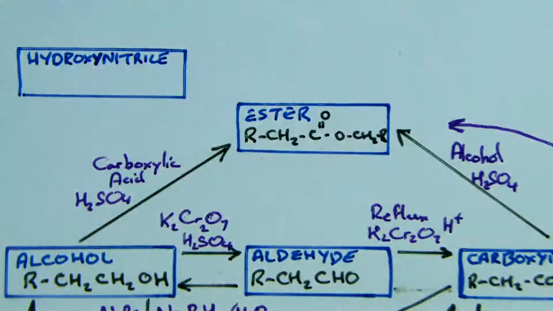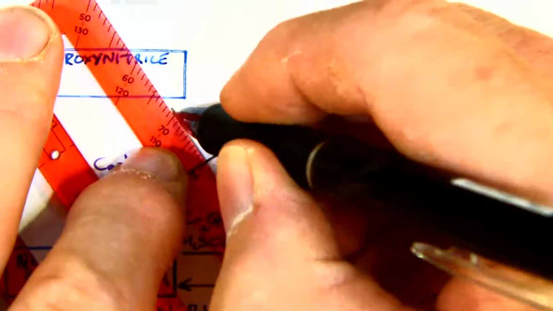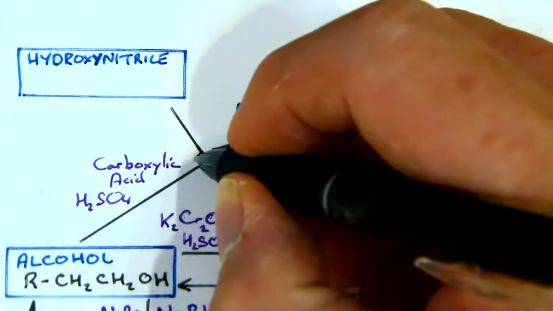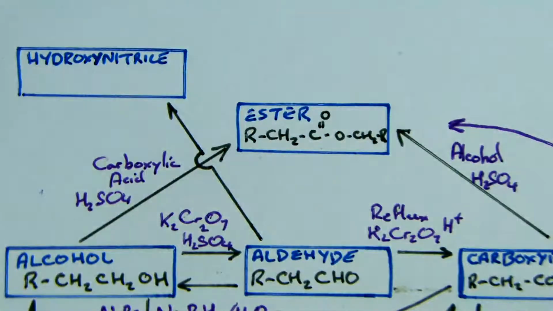So we're going to make something here, hydroxynitrile. And if I'm going to make a hydroxynitrile, then I'm going to need basically something like sodium cyanide.